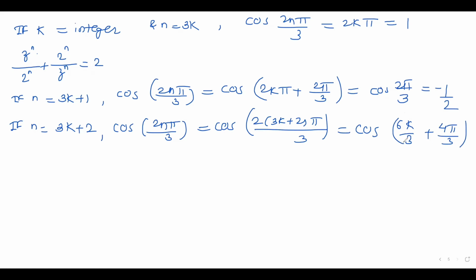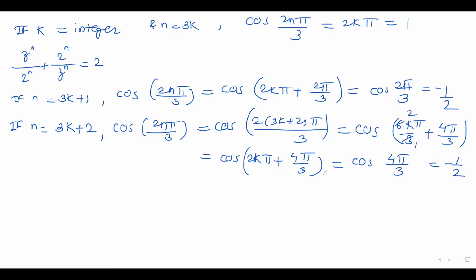If I separate the 3, 3 2s are 6, and pi is multiplied here too, so this will become cos of 2k pi plus 4 pi by 3. 4 pi by 3 plus 2k pi, since cos of 2k pi plus theta is cos theta, so this will be cos of 4 pi by 3, but that is nothing but -1/2, right?